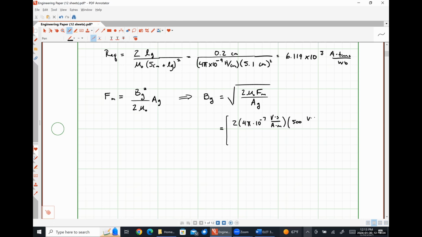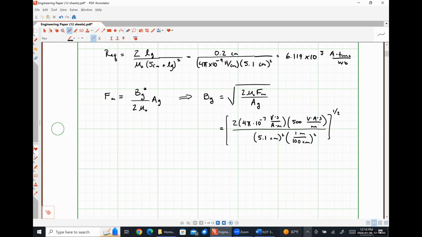So I'm going to have volts, amps, seconds per meter. And then that's all going to get divided by the area of my air gap, which is 5.1 centimeters squared. And then I'm going to multiply that by 1 meter is 100 centimeters, and square that conversion factor. And then all of this is to the 1/2 power because that's the same thing as doing the square root.